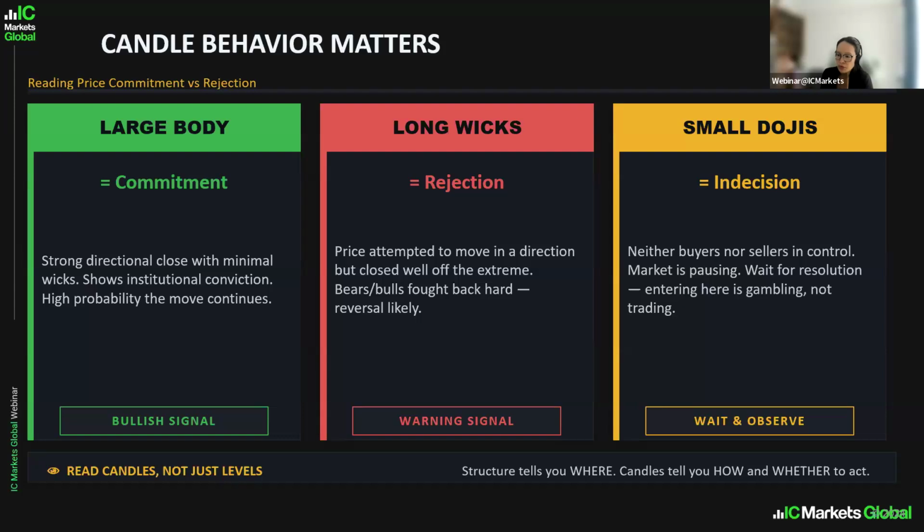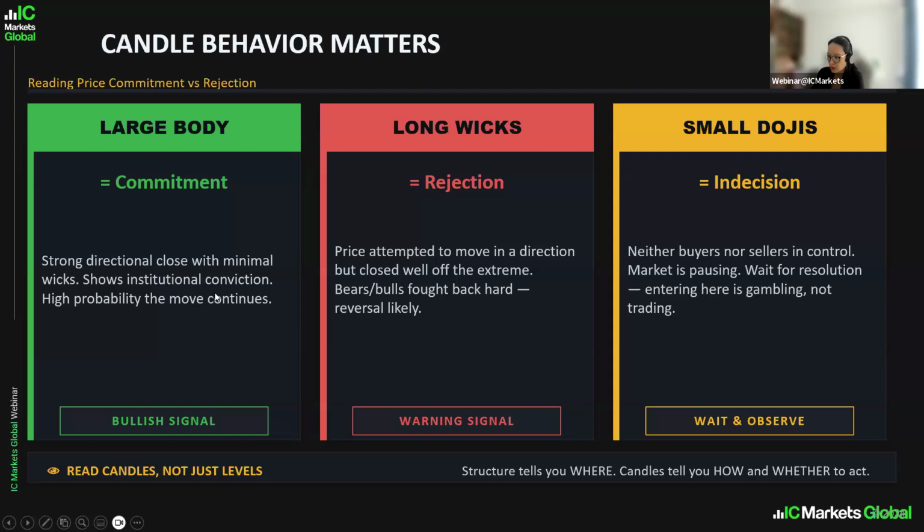A strong directional close with minimal wick shows institutional conviction, and the move is likely to continue. A long wick equals rejection of liquidity. Price is tempted to move in one direction but closes well off the extreme, and bears or bulls fall back hard.